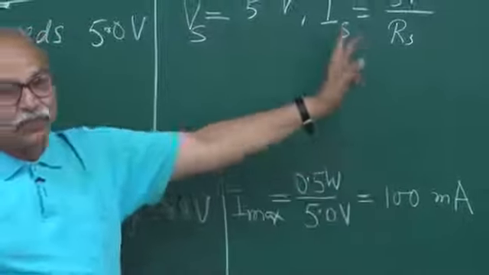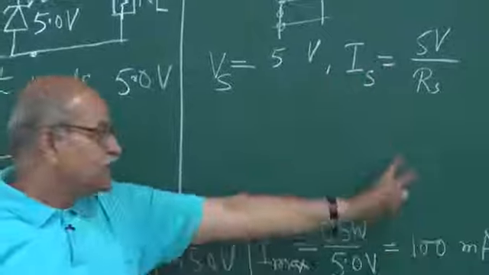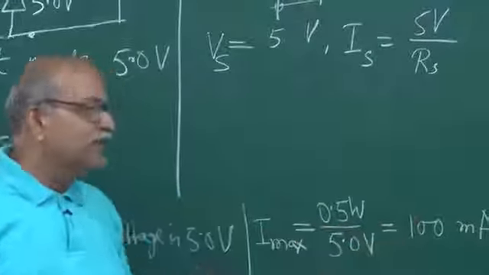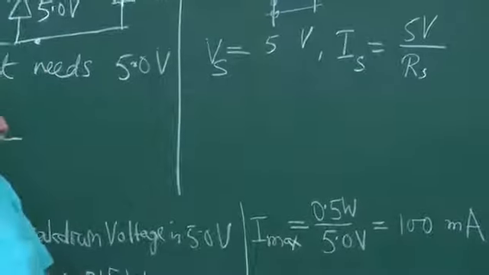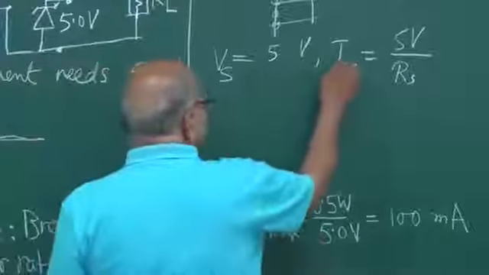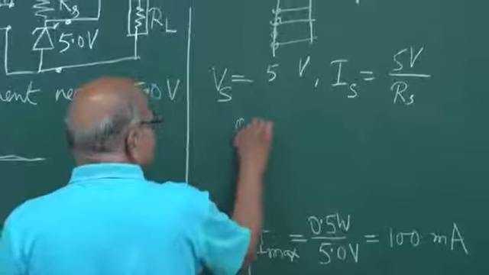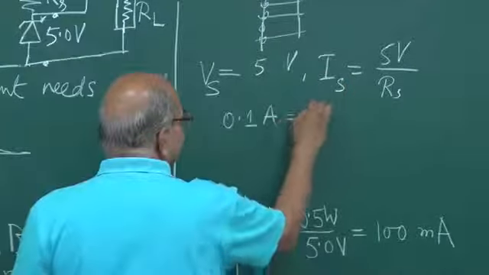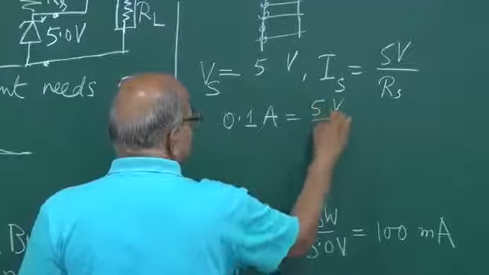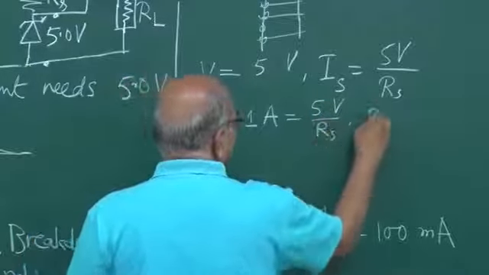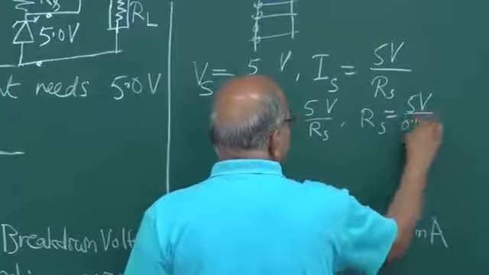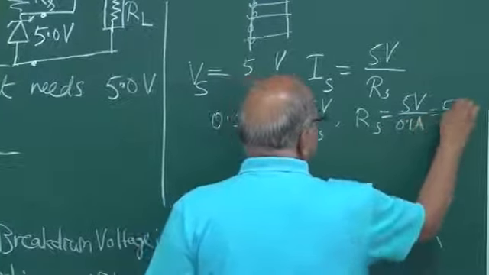So what should RS be, so that I ensure the current in the Zener is 100 milliampere or less? If I take this as 0.1 ampere, then this is 5 volt divided by RS, and RS will be equal to 5 volt divided by 0.1 ampere, and that is 50 ohms.